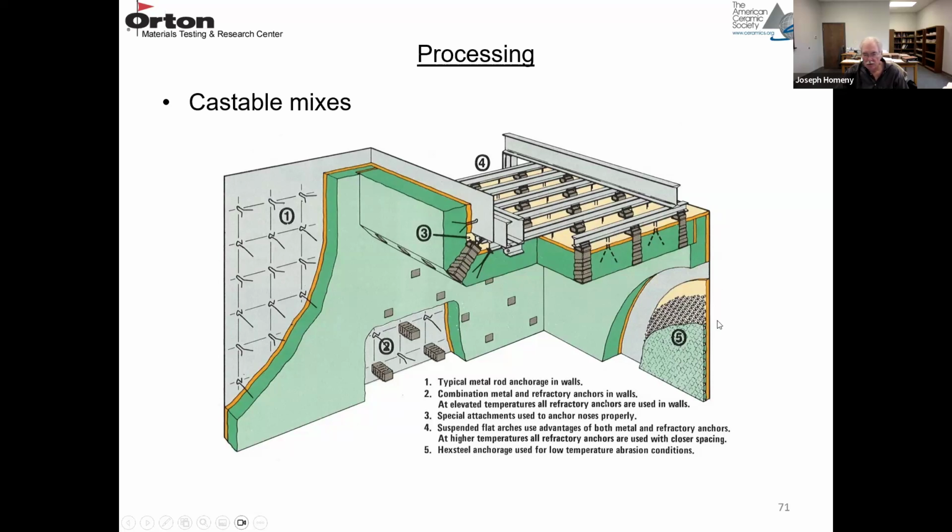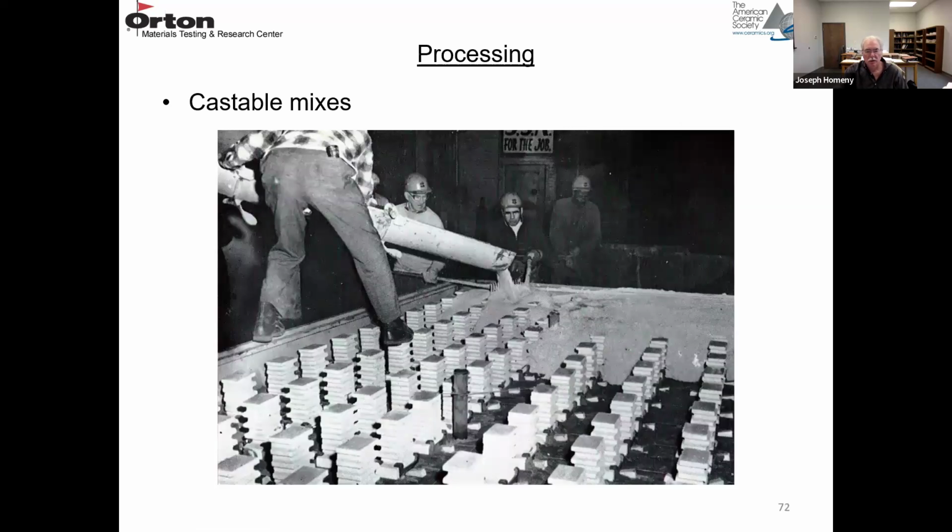And then this one here, number 5, there's this metal mesh that's hex steel type anchors. And then the castable is just cast into this metal mesh. So these are usually thin wall linings, maybe boiler type applications where there's probably extensive water cooling on the cold face. So those are just different ways the castable can be put in place.